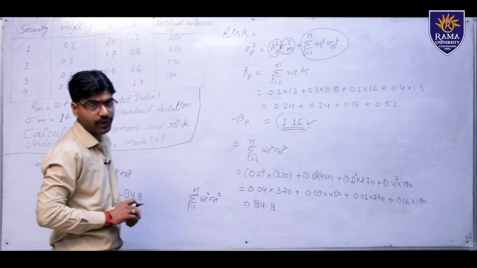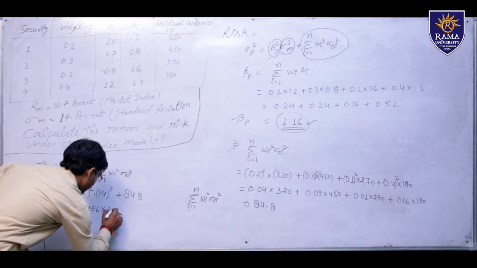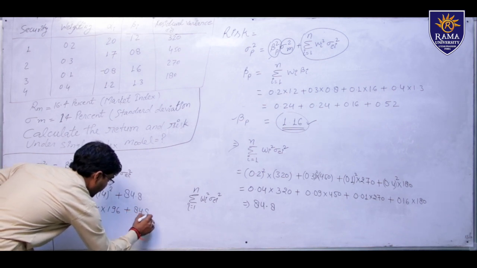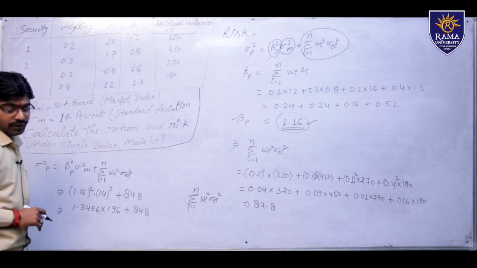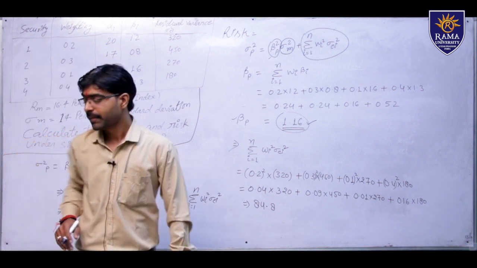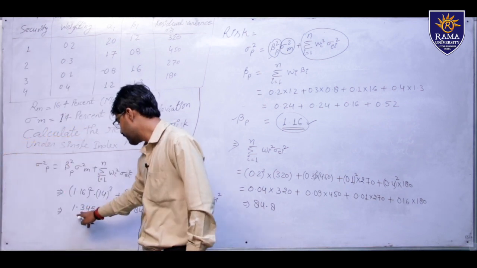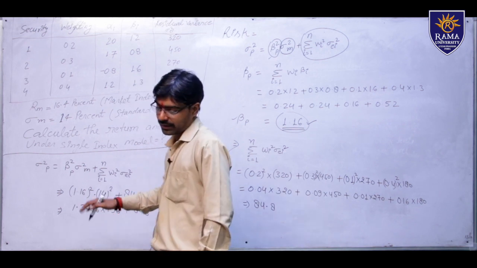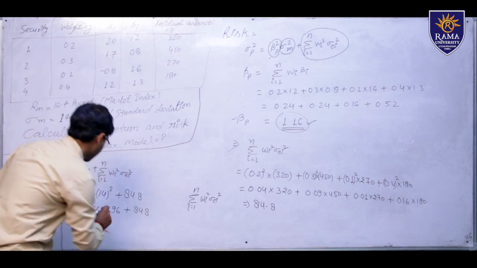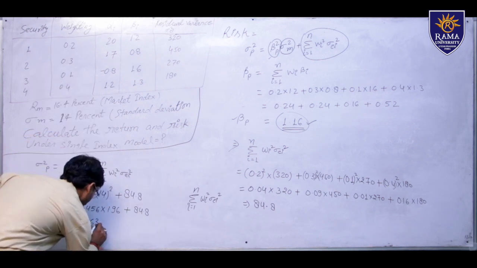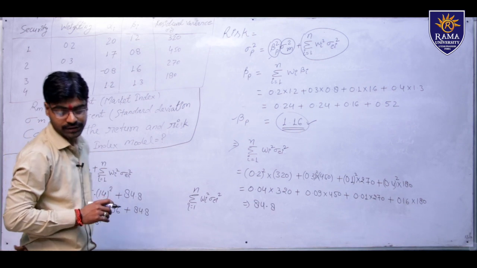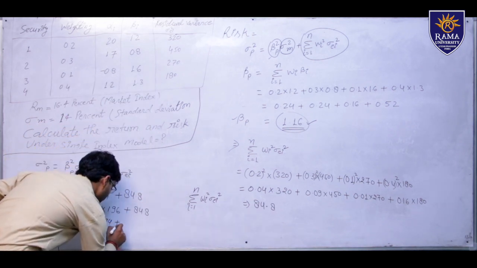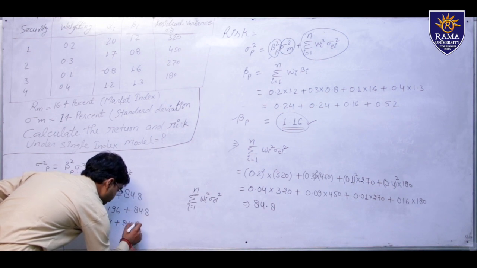As we know, 196, plus 84.8. The next step is to multiply 1.3456 into 196. The value we get is 263.74, plus 84.8.